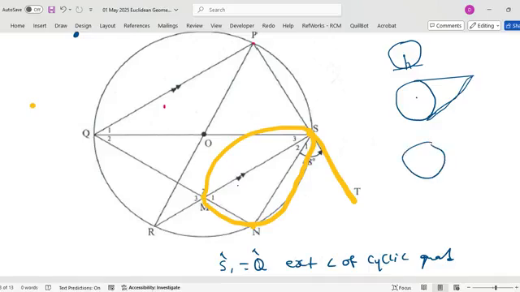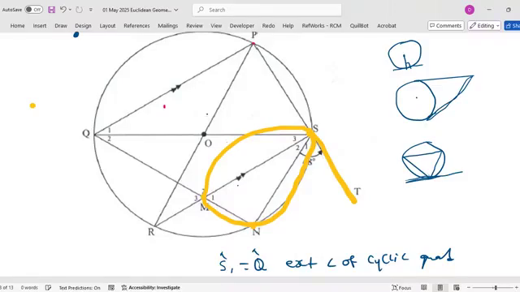Or do we see this one? Which one do we see? The first one, the second one, or the third one? The first one is tangent perpendicular to the radius. Second one, tangents from the same point. The third one, tan chord theorem. Which one do we see inside the circle? So it's tan chord theorem.